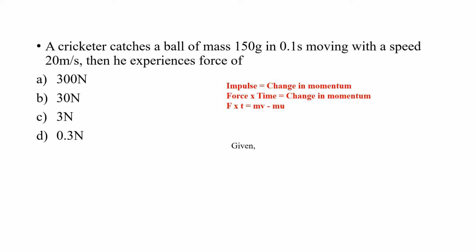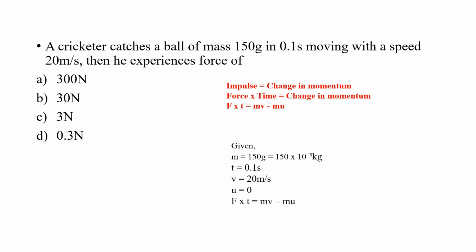So the solution, you were given mass m is equal to 150 gram, which is 150 into 10 raised to minus 3 kilogram. Time t is equal to 0.1 second. Final velocity v is equal to 20 meter per second. And initial velocity u is equal to 0.